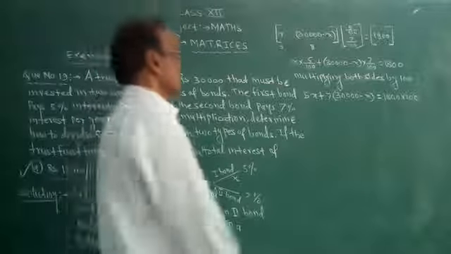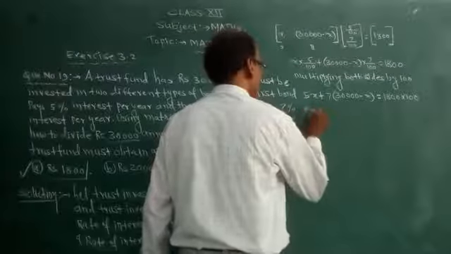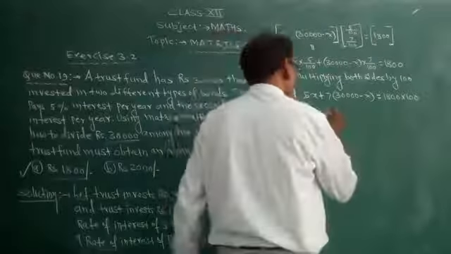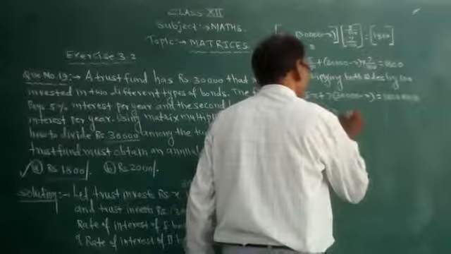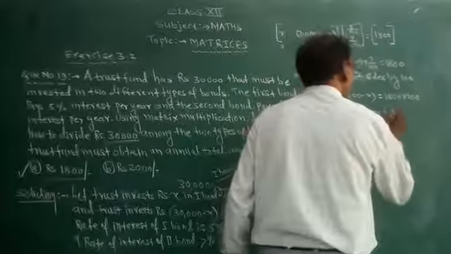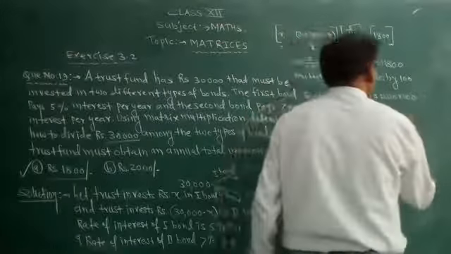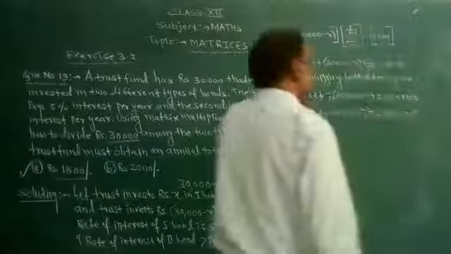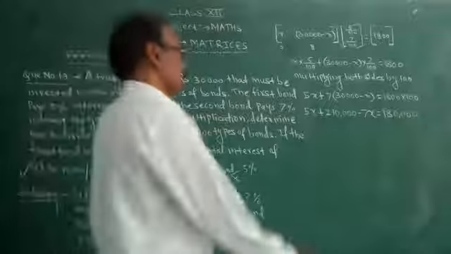So this is 5x plus 30,000 into 7, 2,10,000, 2,10,000 minus 7 into 7x equal to, this will be 1,80,000. Now solve this.